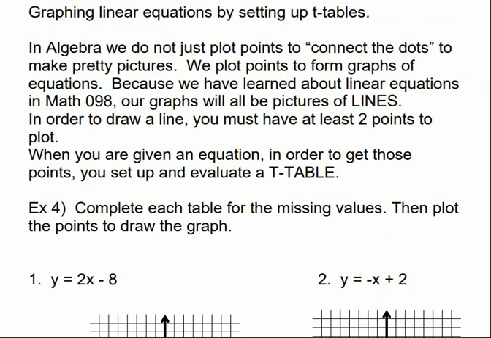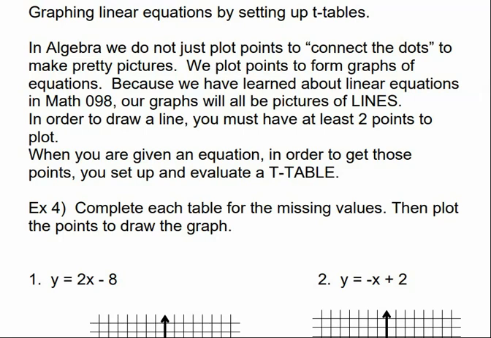All right, so now we're going to graph some linear equations by setting up t-tables. In algebra, we don't just plot points to connect the dots to make pretty pictures. We plot the points to form graphs of equations. Because we've learned about linear equations in Math 98, our graphs will all be pictures of lines.